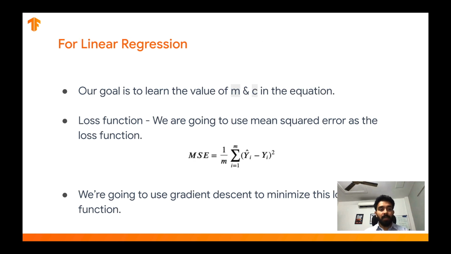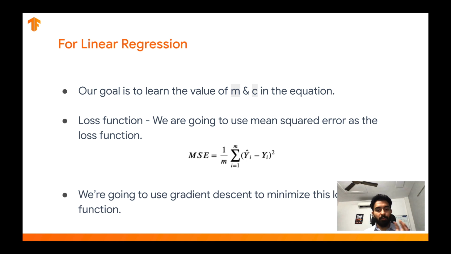Let's see. If we are talking about linear regression, our goal is to learn the values of m and c, that's clear. For the loss function, we are going to use mean squared error. You could have used mean absolute error as well, but we are using mean squared error as the loss function.